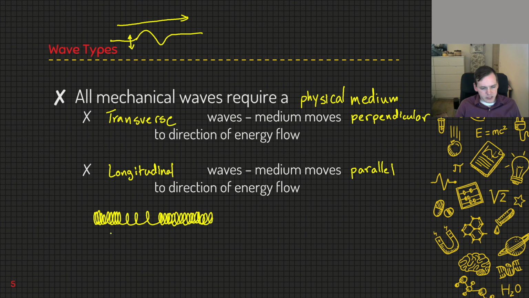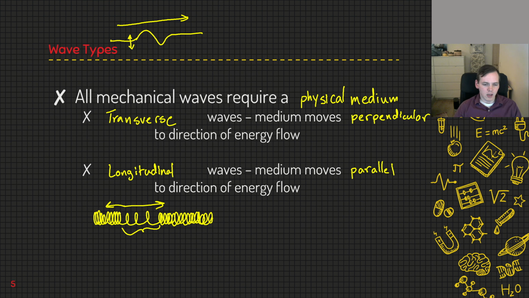So we've got the slinky as either compressed or stretched, and then there's some section of it that's the opposite, either compressed or in this case stretched. And that compression or that stretch is going to move back and forth through the medium. And if you look at individual coils, the coils themselves are going to move back and forth through the medium. So in other words, they're moving in the same direction, they're moving parallel, and so this would be a longitudinal wave.